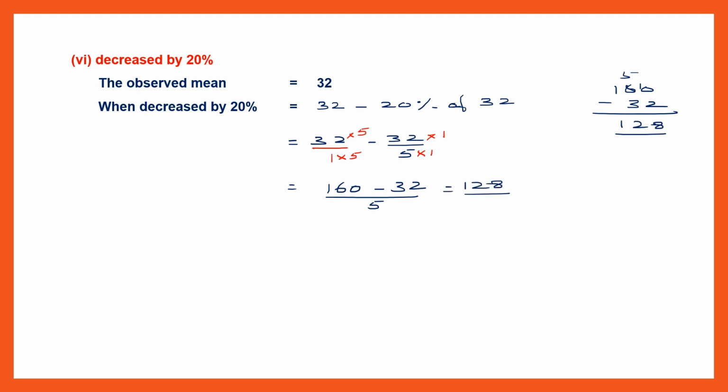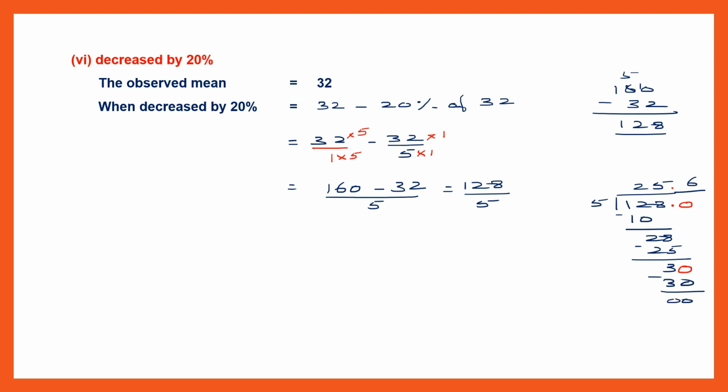128 divided by 5. Let's do that division. 128 by 5. 5 2s are 10 minus 2. Bring down 8. It's 28. 5 5s are 25 minus 3. Now continue our division by putting a point here. Put the 0. Bring the 0 down. Now the number is 30. 5 6s are 30.